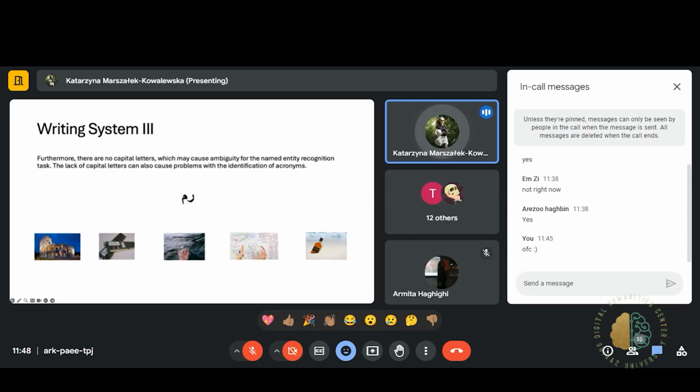In Persian, we do not have capital letters, which may cause ambiguity for named entity recognition, as well as the identification of acronyms. Very simple example we can see here. We have this string, this token, and depending on how we read it, it may mean different things. Obviously, it can refer to the capital of Italy, Rome.